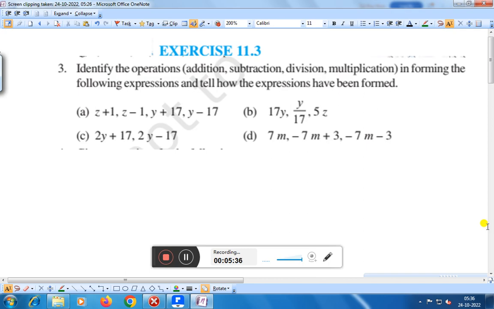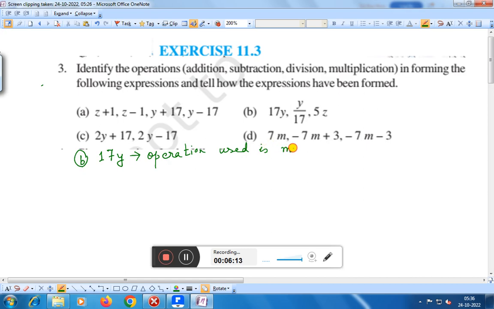Question number B, the first one is 17y, right? Here you see 17y means there is no sign, that means there is a sign of multiplication, that is 17 into y. Therefore, you can say that operation used is multiplication.